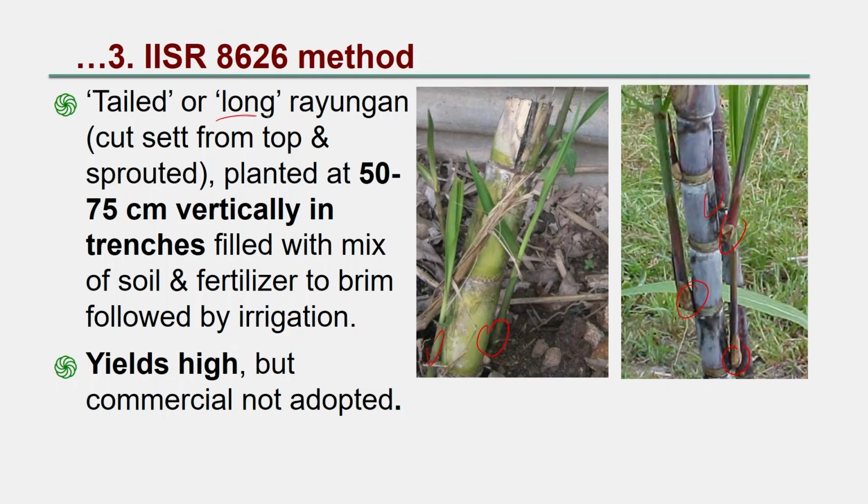The tailed or long ratoon cane set, cut from the top and sprouted, is planted at 50 to 75 centimeter vertically in trenches, filled with a mix of soil and fertilizer to the brim, followed by irrigation. So this is also a good method, yields high, but is commercially not adopted or exploited.